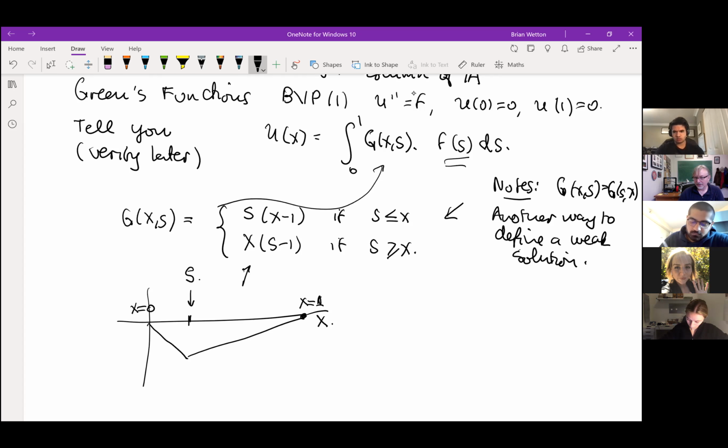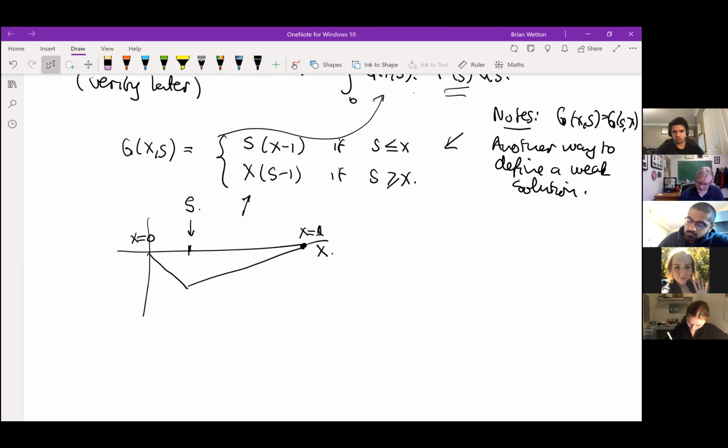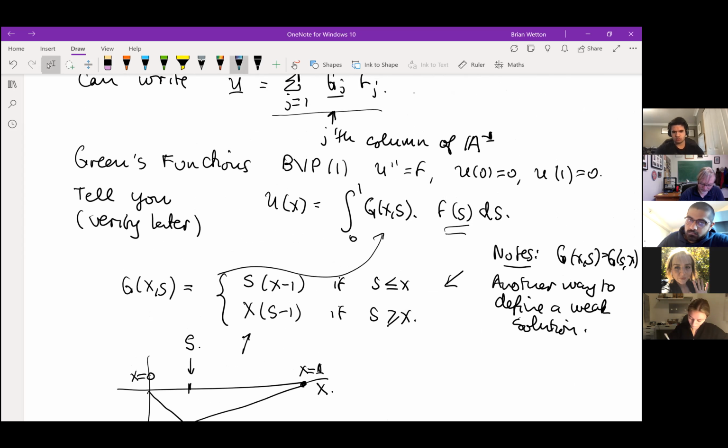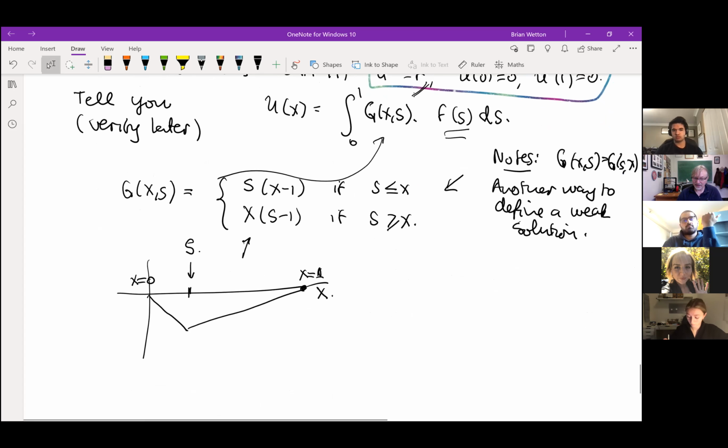And if you're on board with the physics analogy that this is describing the linear displacement of a stretched spring with a mass density attached to it, then this looks like what you would expect if you had a point mass at that position, right?